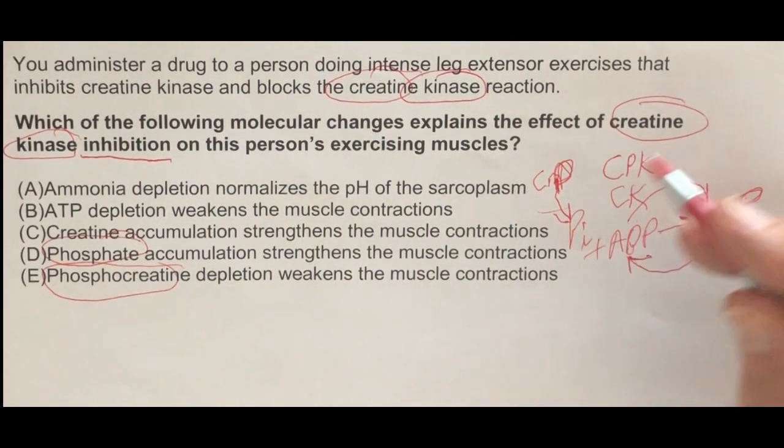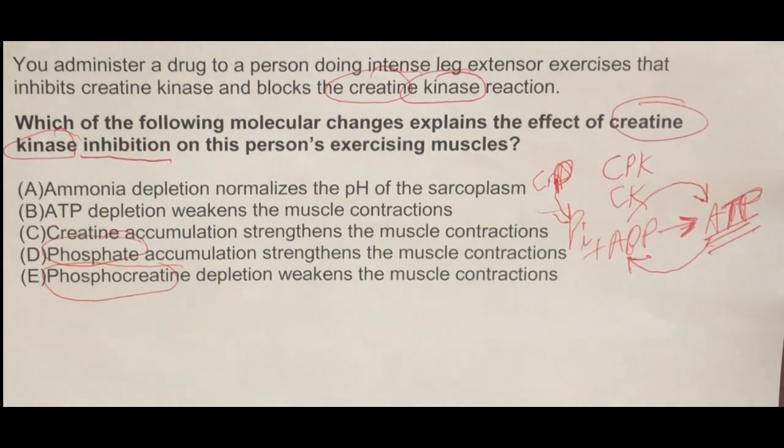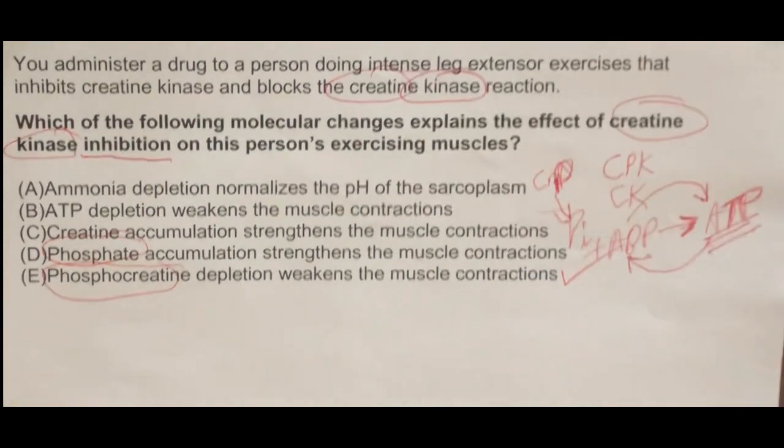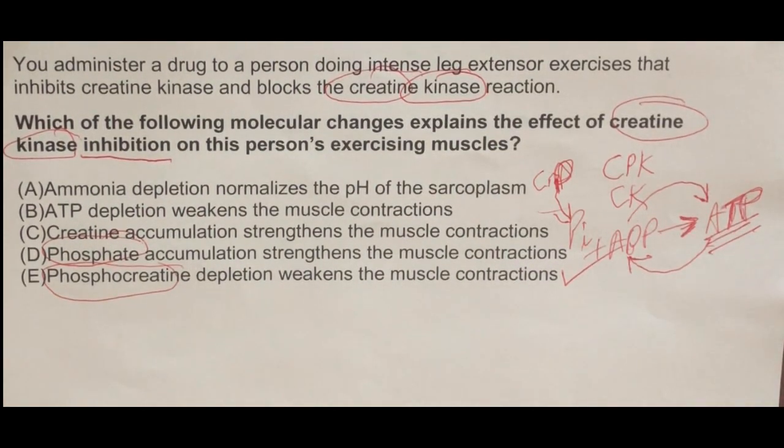When there's more substrate, we would get more CPK activity, wouldn't we? To make more ATP. So it seems like at this point, E is the best choice.